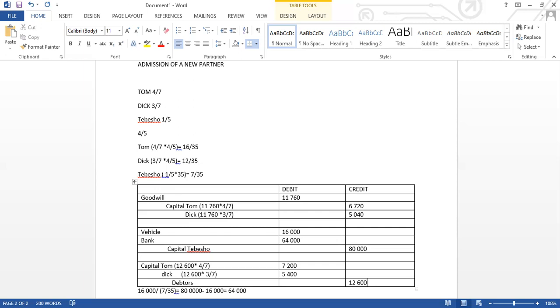In other words, if it says general reserve should be disclosed in the books of the new partnership, you need to debit your partners' capital accounts. That's what it means.